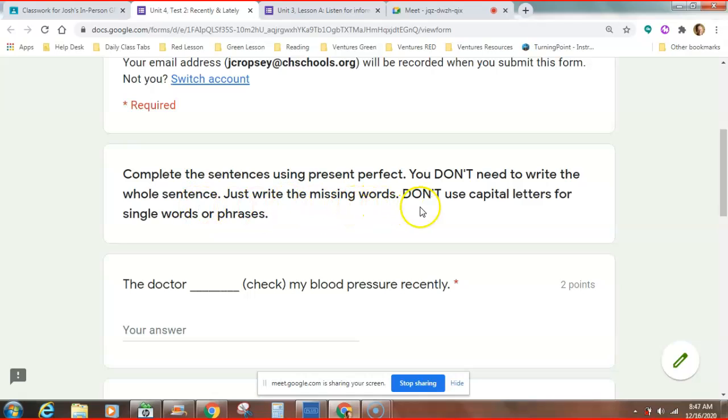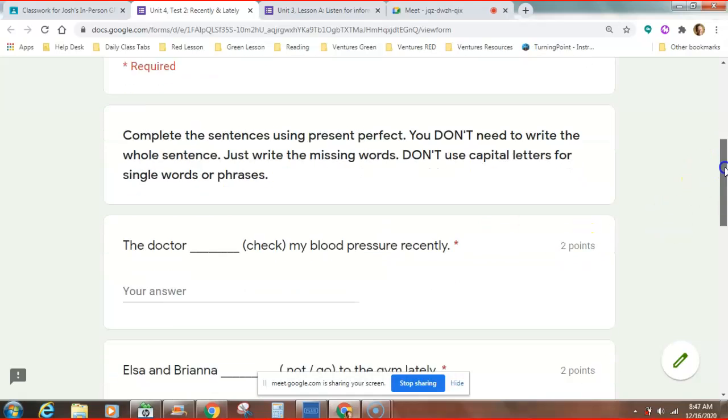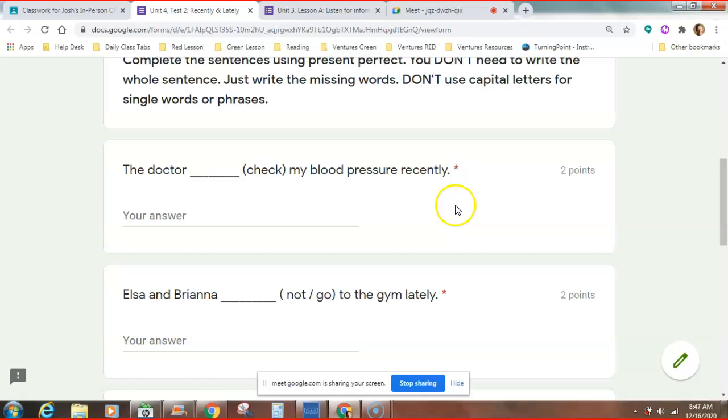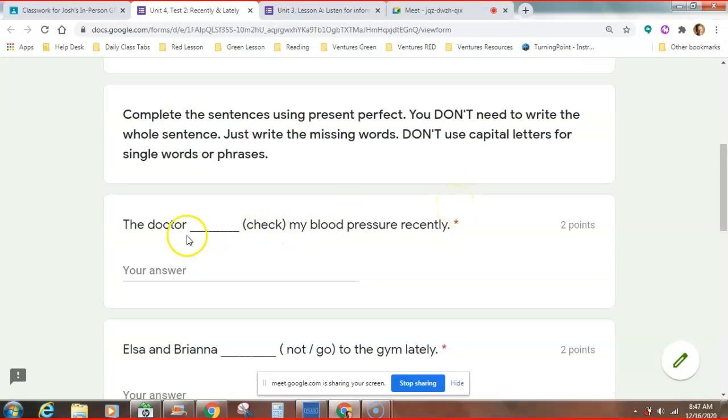Don't use a capital letter for a single word. So we've learned this before on other forms. All they want you to do is use the present perfect with this verb. So you have to decide whether or not to use has or have, and then create verb form 3, the past participle.